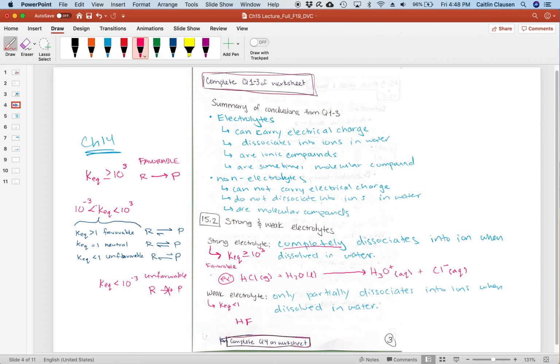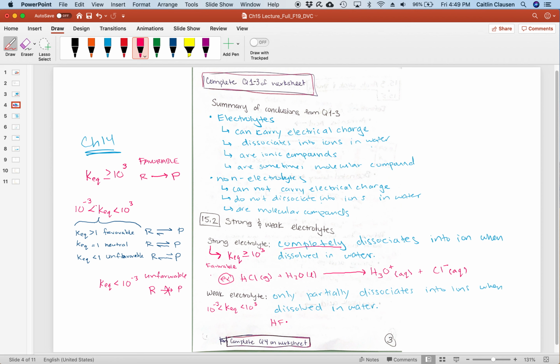So our KEQ is going to be less than 1. Let's write it this way, we're going to be here, in the in-between stage, specifically the less than 1 stage, because we're not going to get very much product.